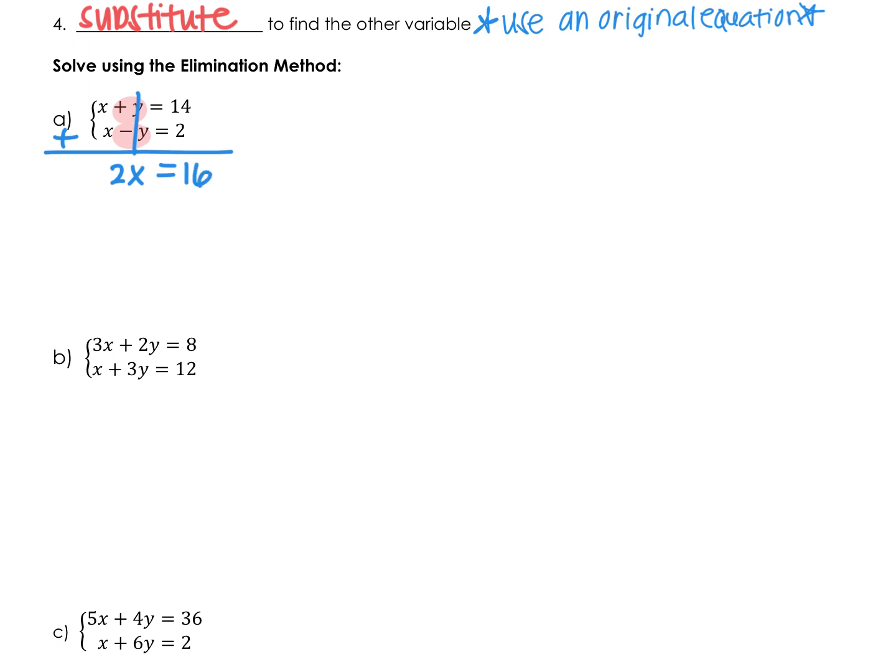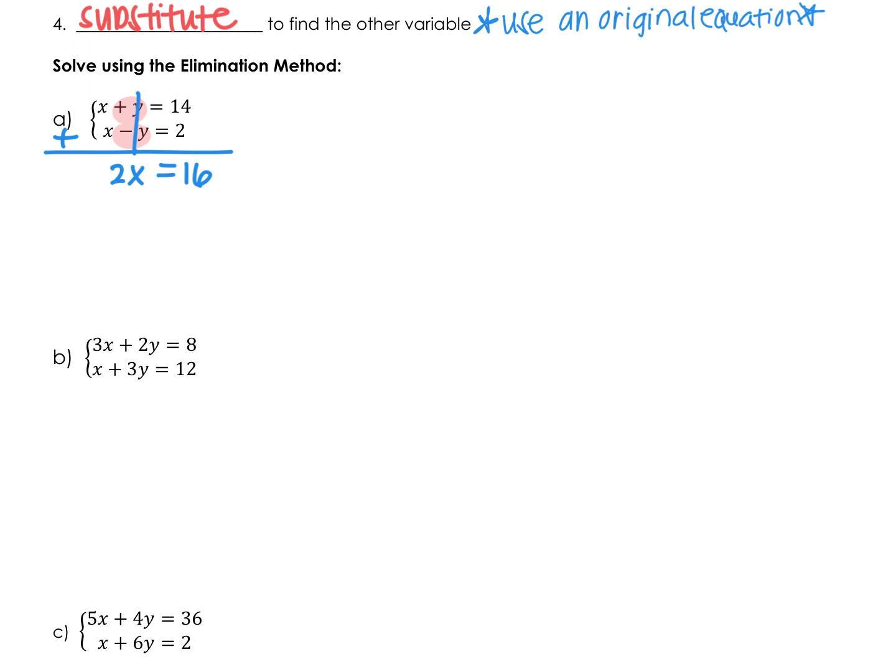So we add everything vertically, kind of like when we would add multiple digits, like 372 plus 468. What do you do with the y's? They canceled. It was a positive y and a negative y, so they cancel each other out. And then we have an x plus an x, which is 2x, and 14 plus 2, 16.